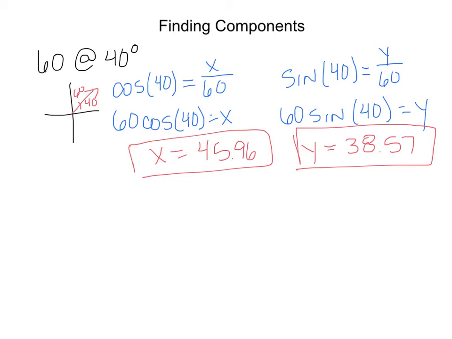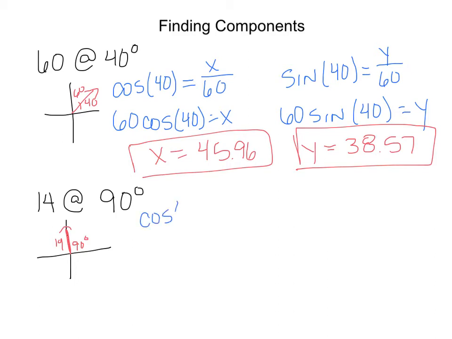Alright, so let's look at another one. Let's look at a magnitude of 14 at an angle of 90 degrees. Again, I'm going to look at it visually. I like to visualize stuff. 90 degrees would be going up, and it's 14. So we're going to use our functions again. To find the x component, we're going to use cosine.